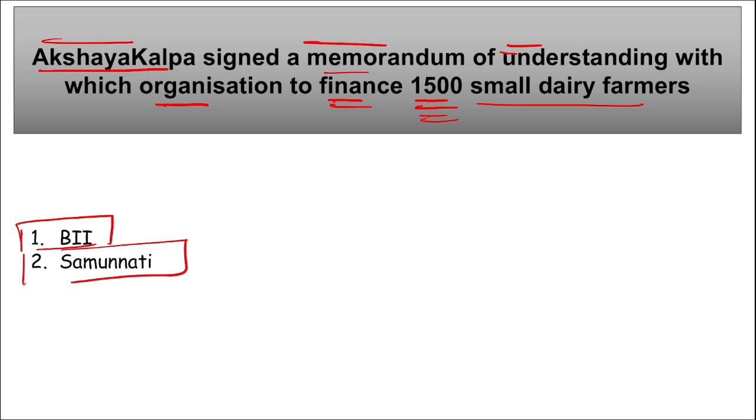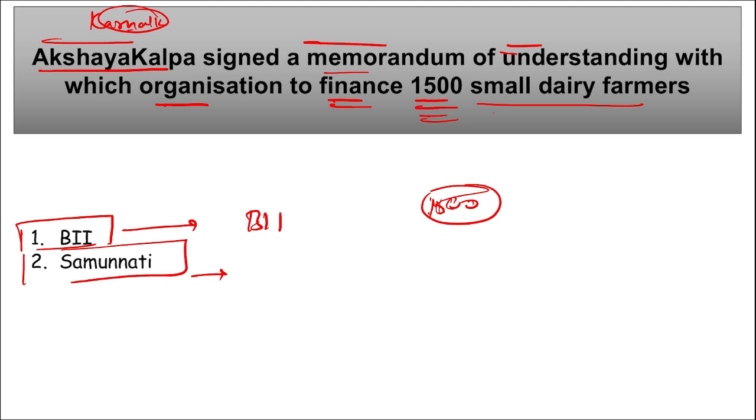These are the two organizations with which Akshaya Kalpa Farms and Food Private Limited, this is a Karnataka based company, signed an MOU. BII is your British International Investment, and Sanumati Financial Services. These organizations will together finance 1500 small dairy farmers. Correct?